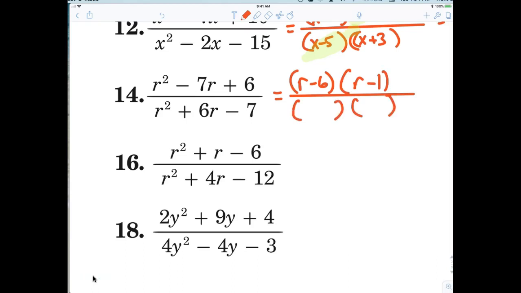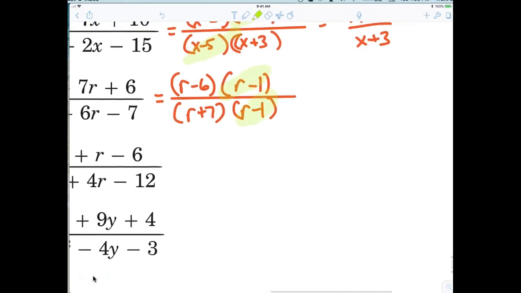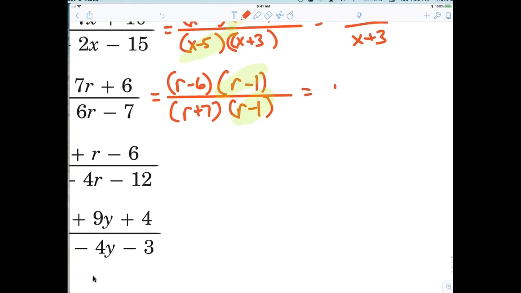Wait a minute. r minus 7, r plus 7, r minus 1. Does that make sense? Okay. The r minus 1's cancel, do you agree? Yes. So your final answer is? r minus 6 over r.